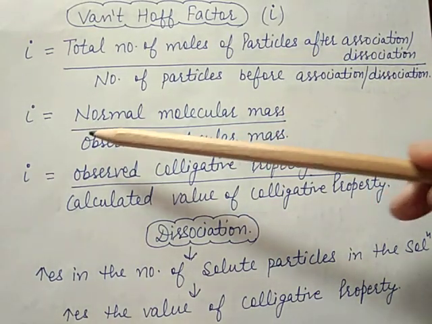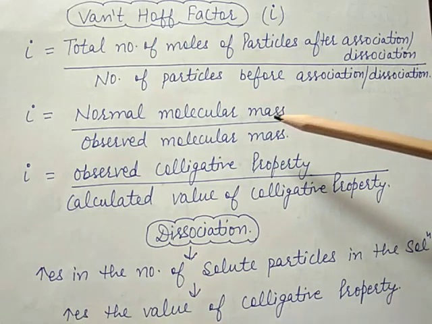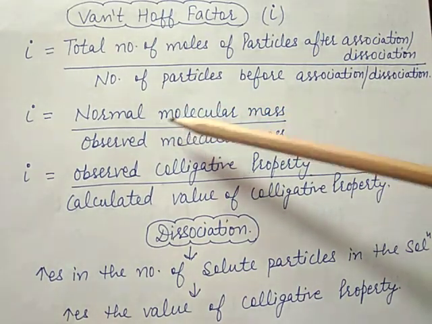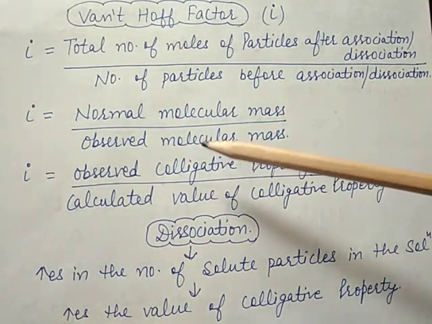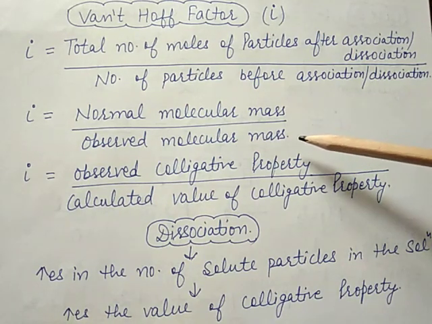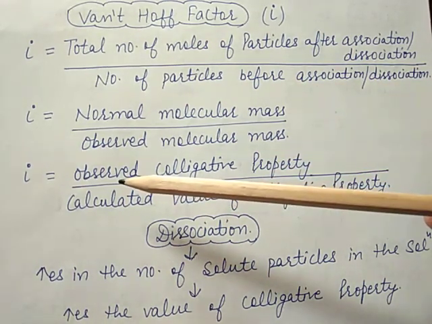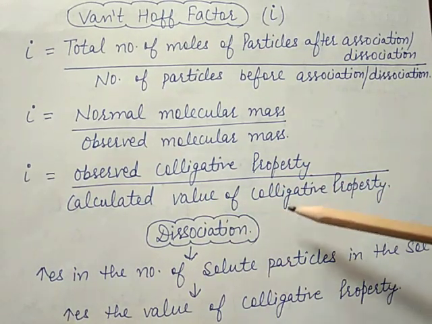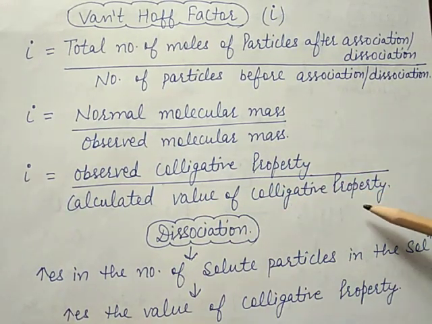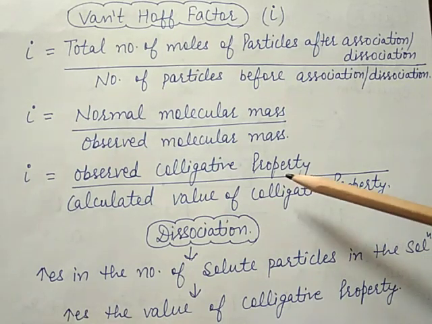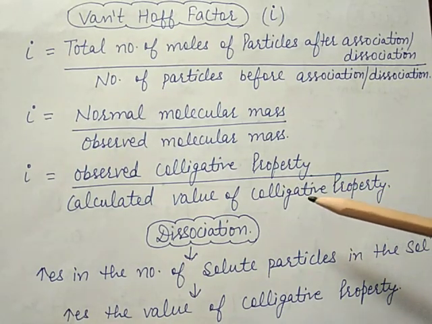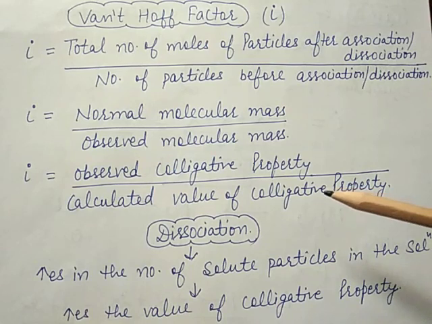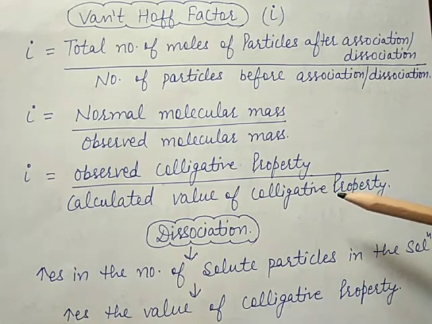It is also defined in terms of molecular mass, means normal molecular mass divided by observed molecular mass, or you can say observed colligative property divided by calculated value of colligative property. Colligative property depends on the number of particles like atoms, ions or molecules.